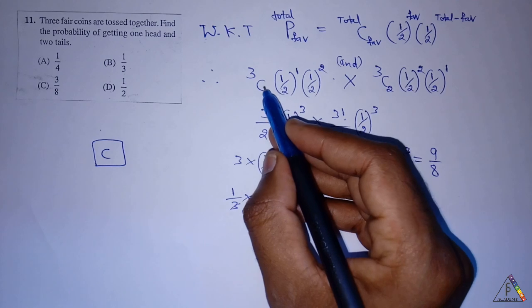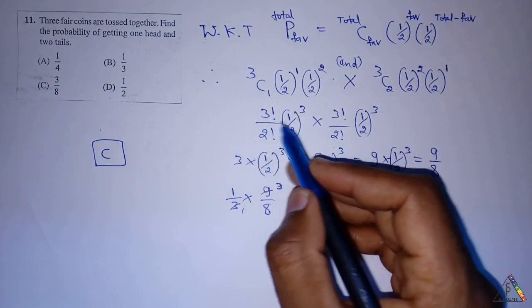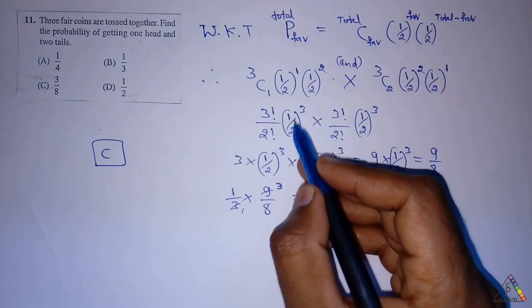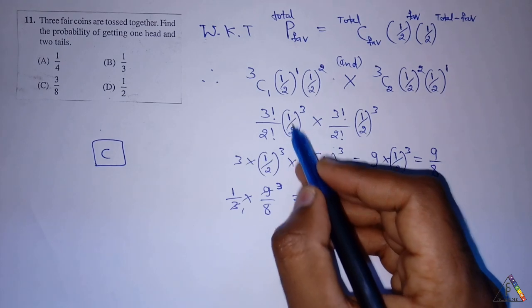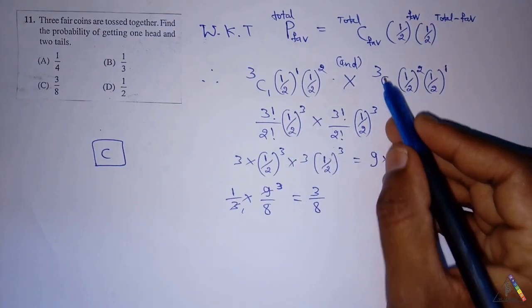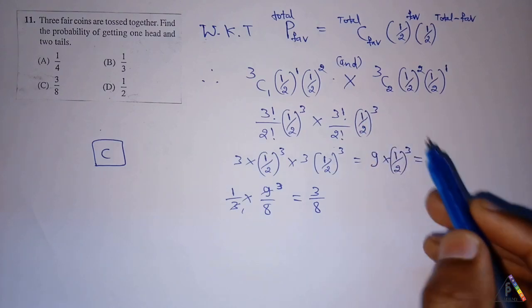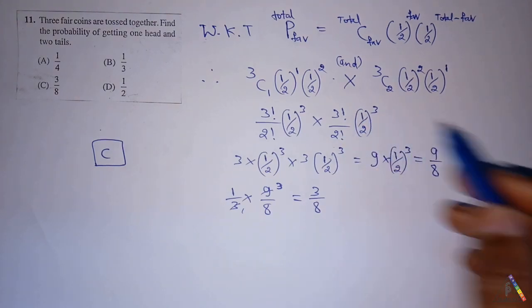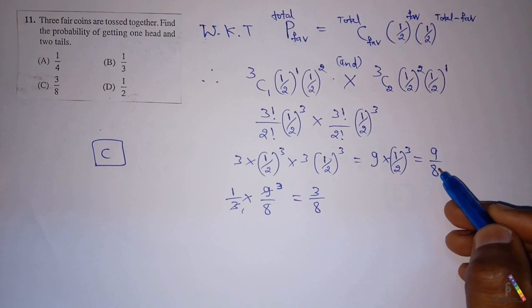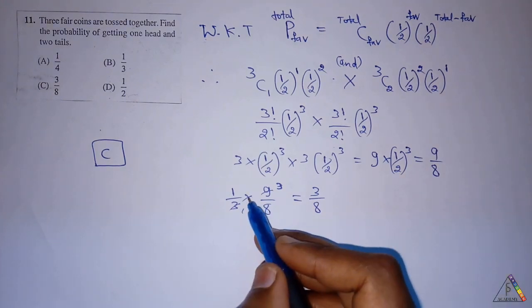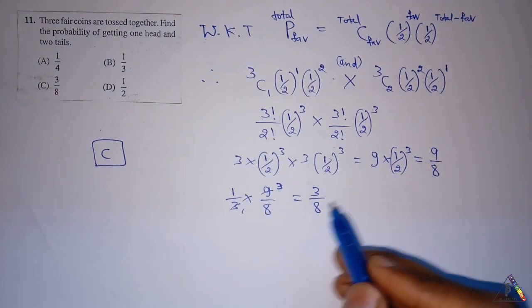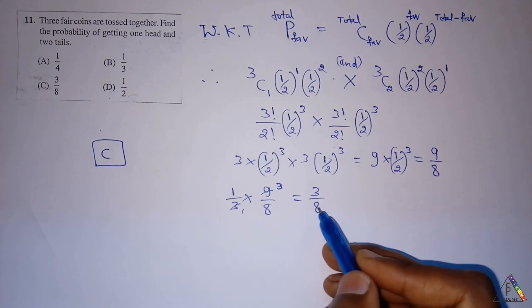Therefore, the combination of 3 choose 1 is 3 factorial by 2 factorial, into (1 by 2) to the power of 3, and 3 factorial by 2 factorial into (1 by 2) to the power of 3. Therefore, by simplifying, we get 9 by 8, and 1/3 of this probability, we get 3 by 8.